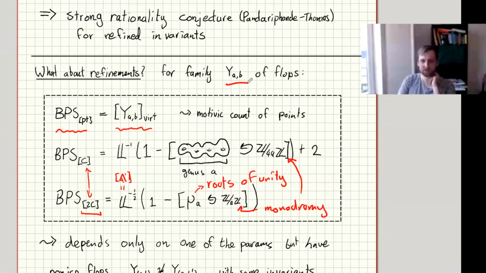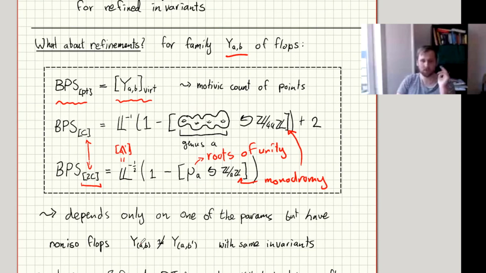So for this specific family, this is a family in 2 parameters, which are both some sort of integers, but the invariants we find only depend on one of them. And so we can find examples of flops with different parameters, which are non-isomorphic, which have these same invariants.